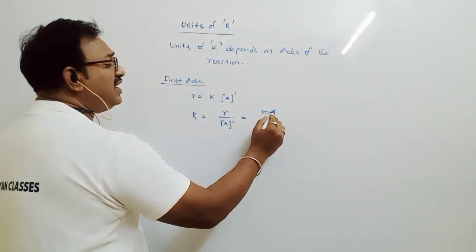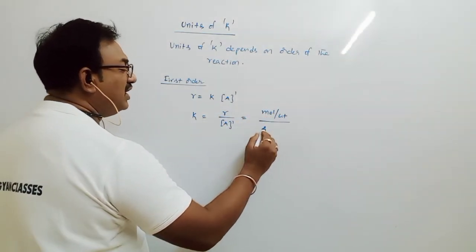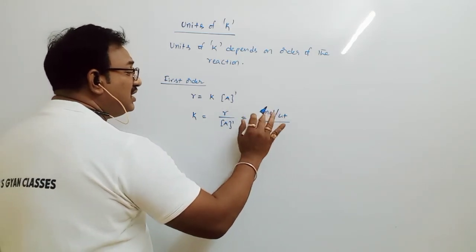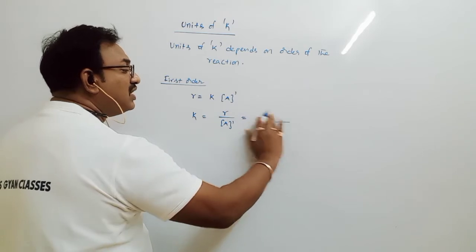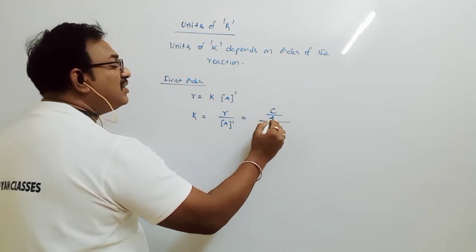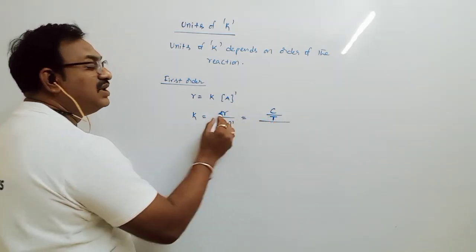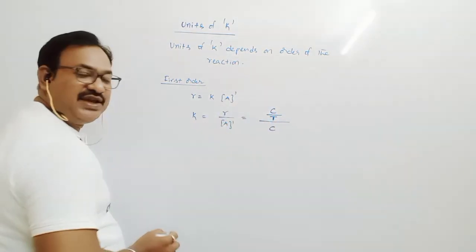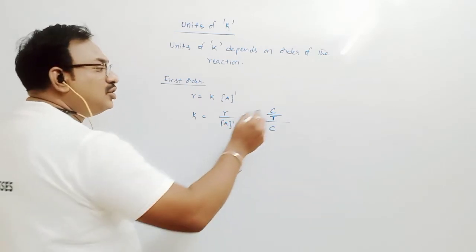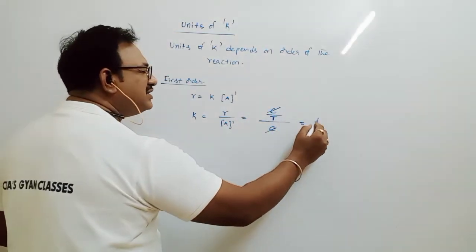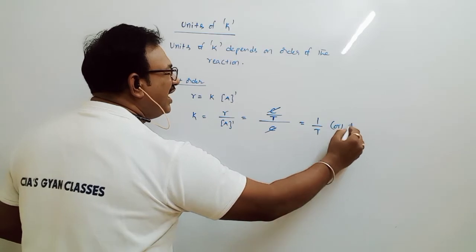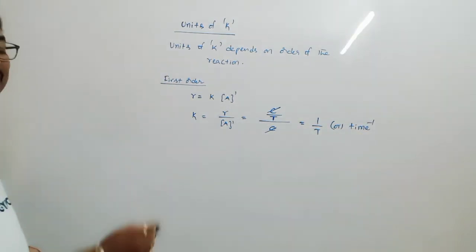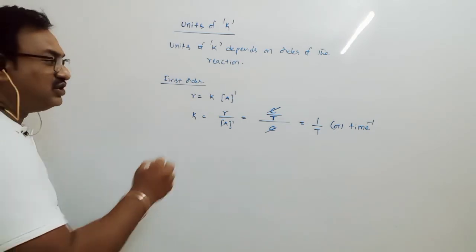R means rate, expressed in moles per liter; the rate can be expressed as change in concentration by time, C by T. Again, concentration cancels, giving 1 by T, or time inverse. So time inverse is the unit of rate constant in a first order reaction.